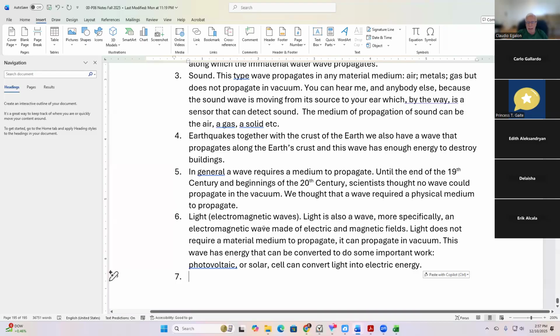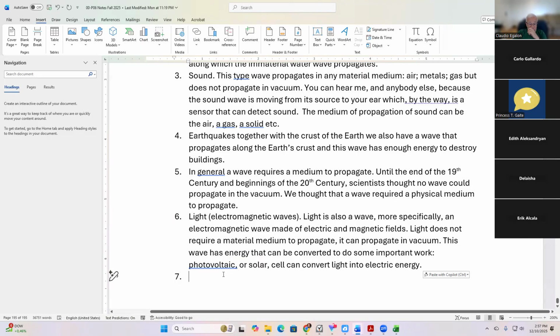Until the end of the 19th century and the beginning of the 20th century, we thought that light, and electromagnetic waves in general, required a medium to propagate, for instance, from the sun to the earth. So scientists started to build models that there was something in the vacuum surrounding us, a special type of medium that they called the ether.